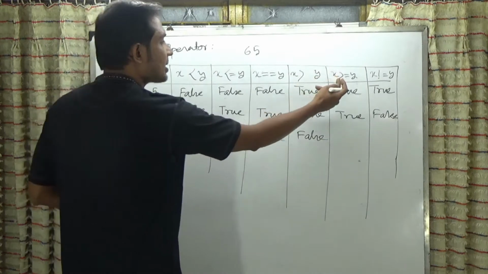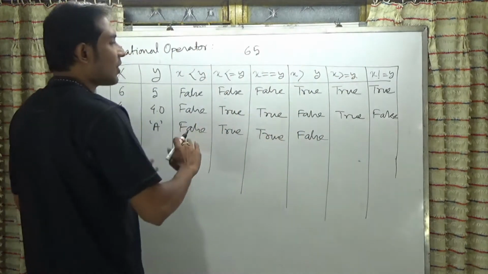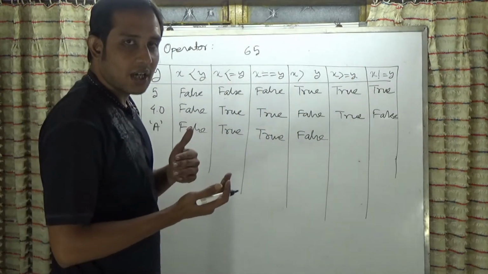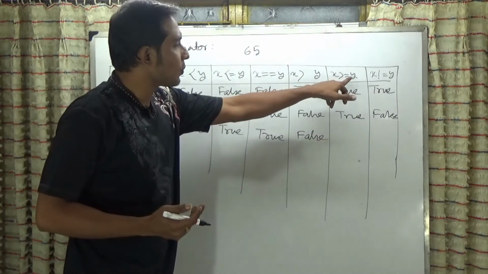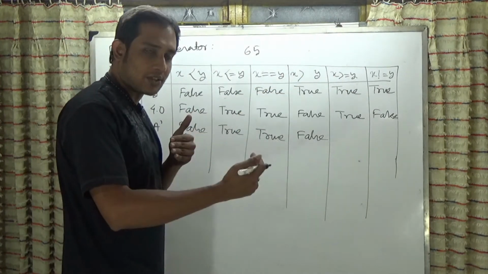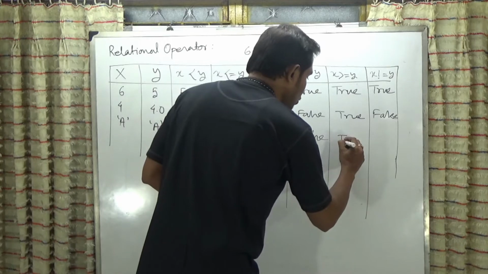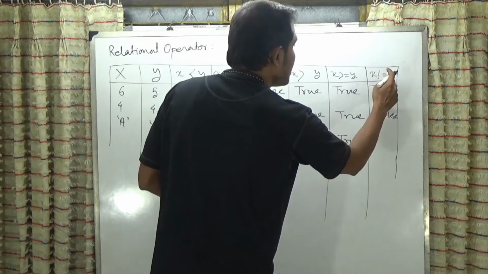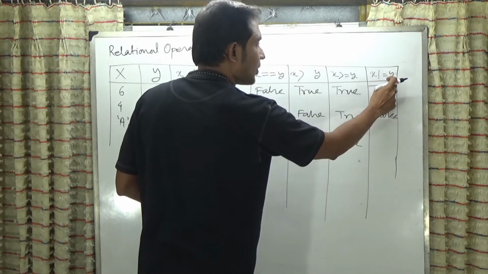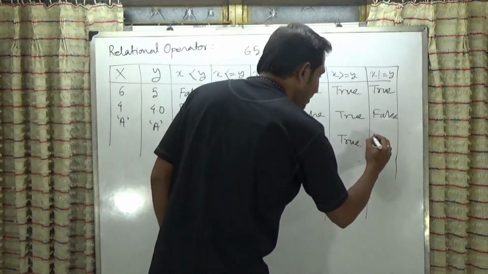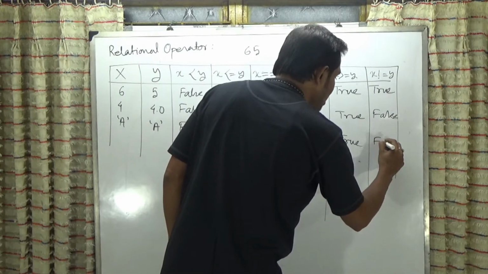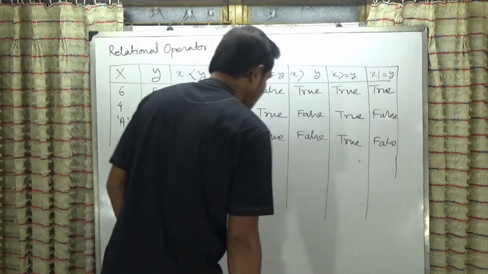And x greater than y means 65 is greater than 65, no, completely wrong, so it returns false. And x is greater than or equal to y means 65 is greater than 65, no, wrong, but there is the equal sign, so 65 equals 65, and that's why it returns true. Now in this case 65 is not equal to 65, it's completely wrong, both are equal, so it also returns false.